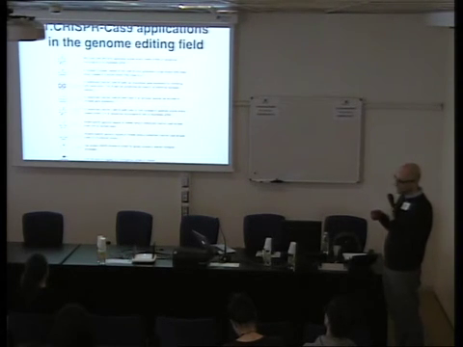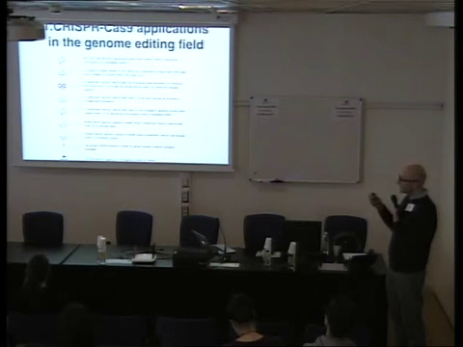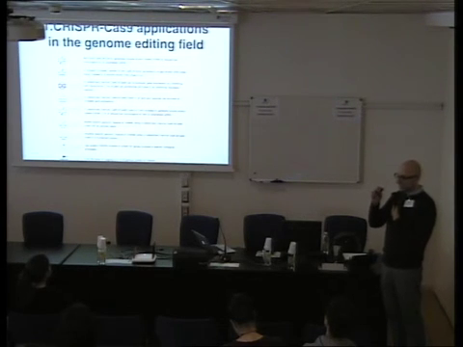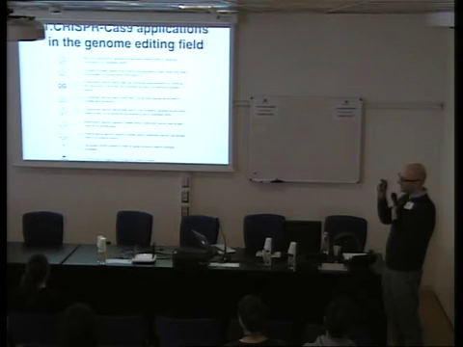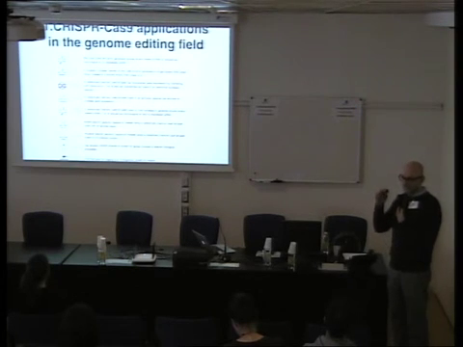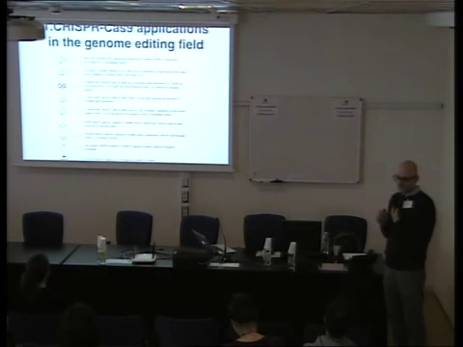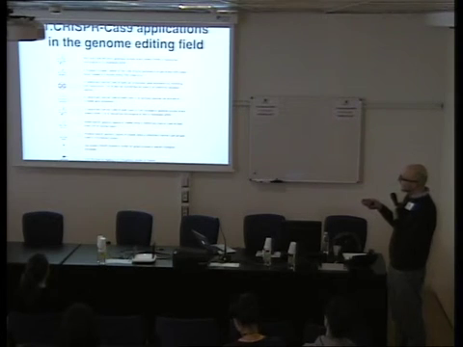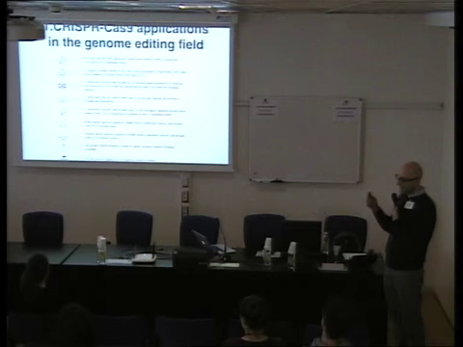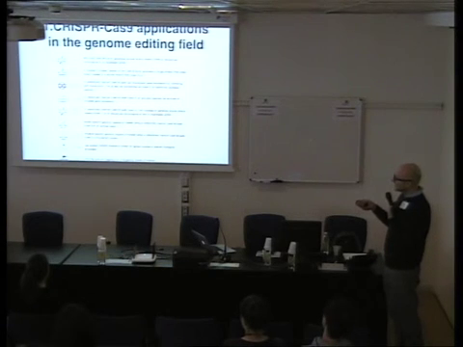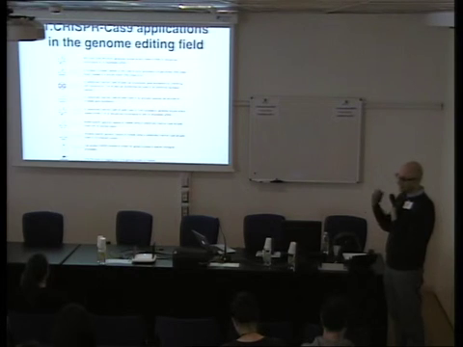But you can also interfere. You can use the Cas9 and the guide RNA as a sort of antibody that recognizes a sequence of DNA. And you can decrease the transcription of a gene by targeting the promoter, or you can also activate the transcription of a gene.